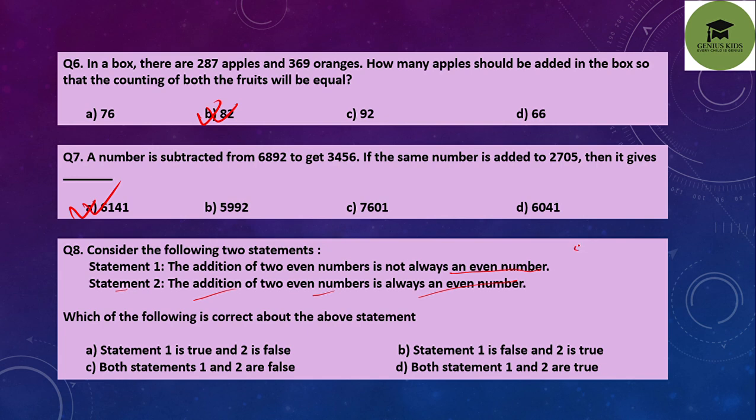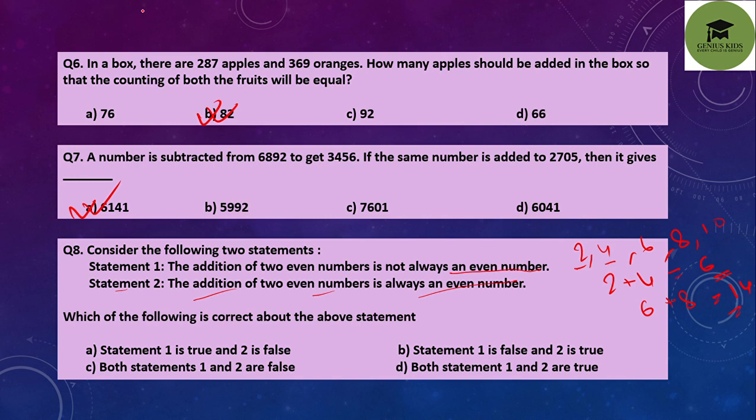So what are the even numbers? 2, 4, 6, 8, 10, anything. If we add any two even numbers, 2 plus 4, suppose, you will get 6. 6 is an even number. 6 plus 8, you will get 14. This is also an even number. So any two even numbers, if you add them, you will get an even number.